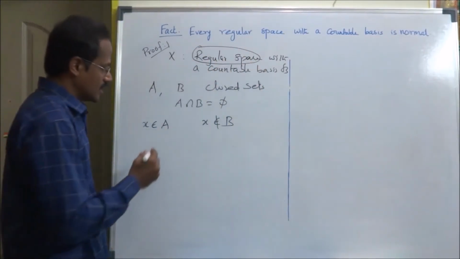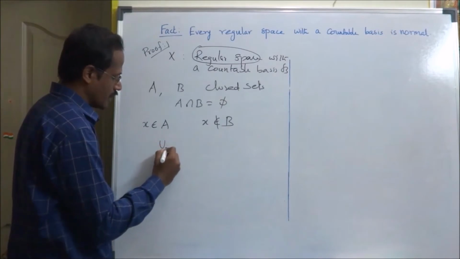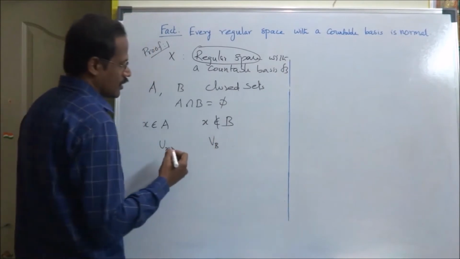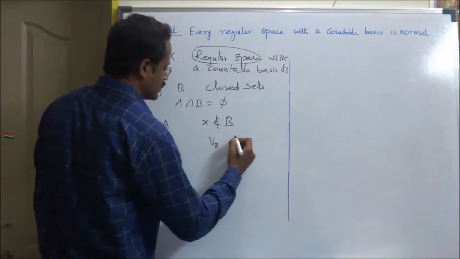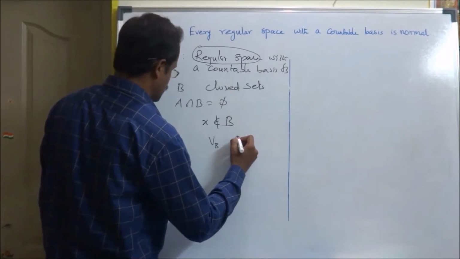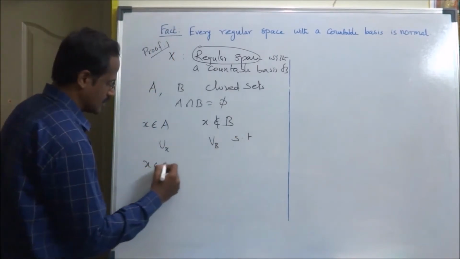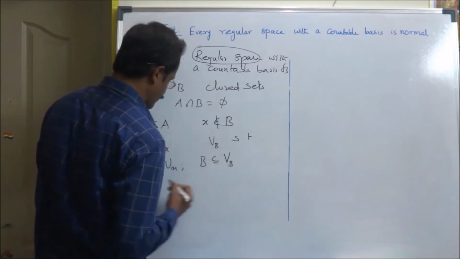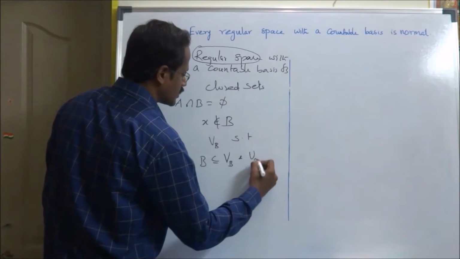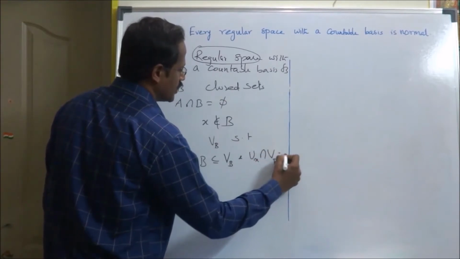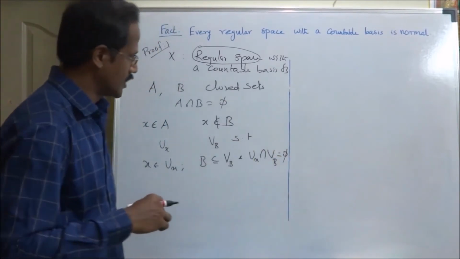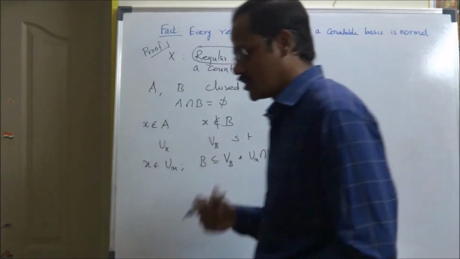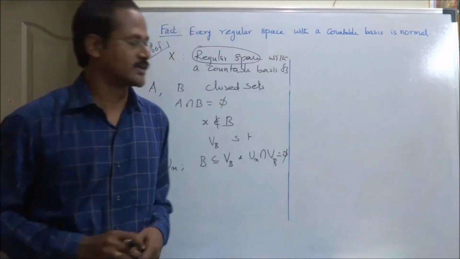Therefore, by definition, there is a neighborhood Ux of x and a neighborhood V_B of B which are disjoint, such that x is in Ux, B is a subset of V_B, and Ux intersection V_B is empty. That is, the point x and the closed set B not containing x can be separated by disjoint open sets in X.